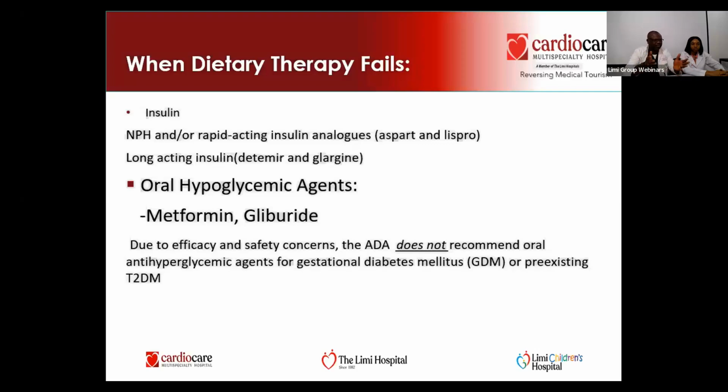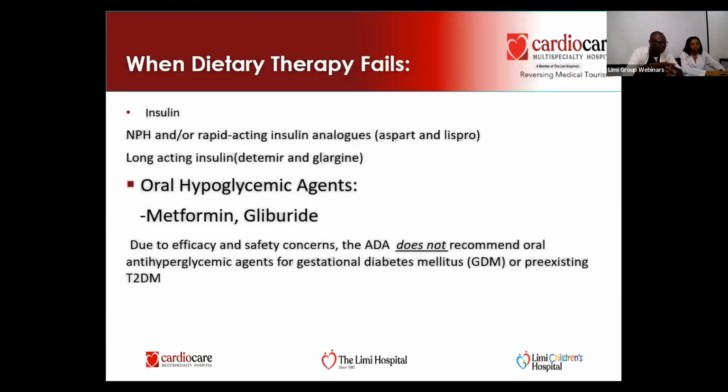So now there's a lot of controversy about which one to use, which one to bring in. There are situations, like I said, that are not cast in stone. Each patient is individualized, what works for this patient. There's a patient that will be on basal bolus insulin to be sure that glucose is controlled. There's a patient that will be on just once a day insulin. But they have so many controversies they have to bring into play.